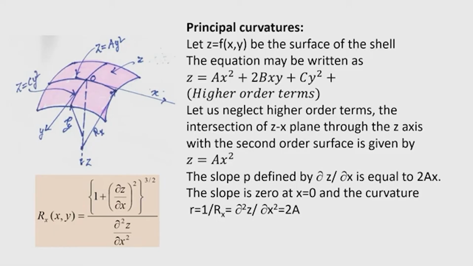The slope along the y direction will be 2 c y, and at O the slope is 0, and therefore, the curvature 1 by R y will be 2 c. So, we get slope and curvature in both the orthogonal directions.